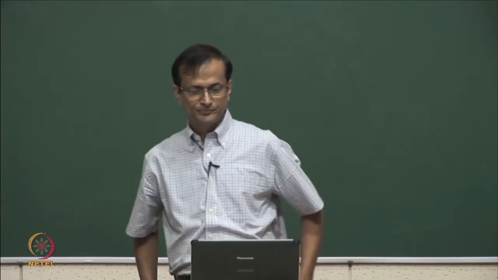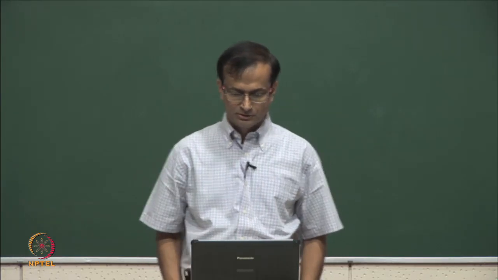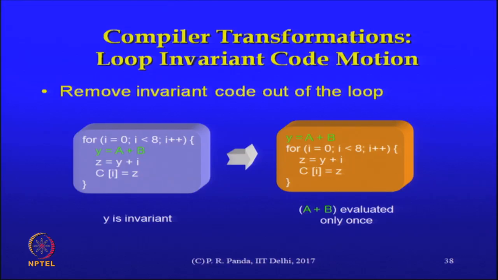Let us continue. We were on this topic of high level transformations before actually running the synthesis algorithms, and while we studied the loop invariant code motion, this is a simple optimization, but in the context we also defined quite a few things.